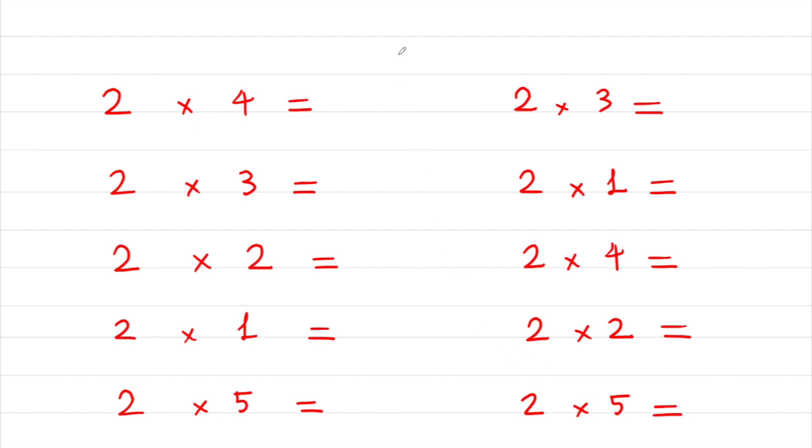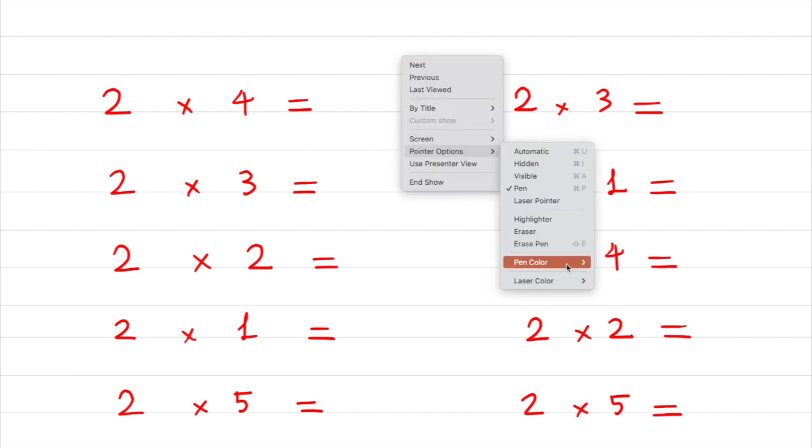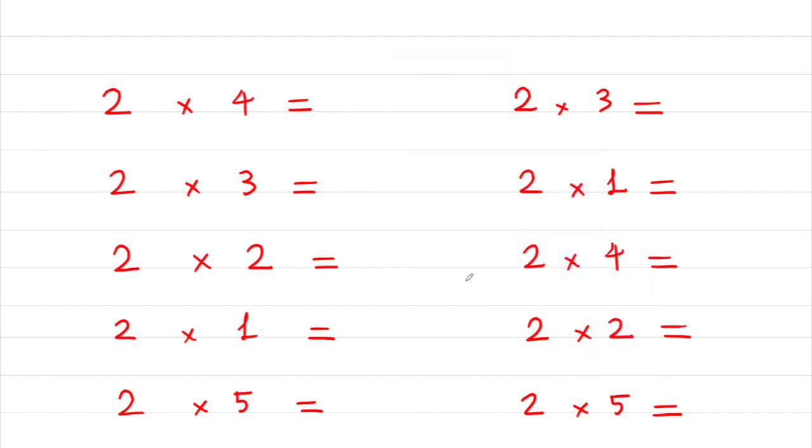Okay, so let's do this question together. 2 times 4, you get 8. 2 times 3, you get 6. How about 2 times 2?